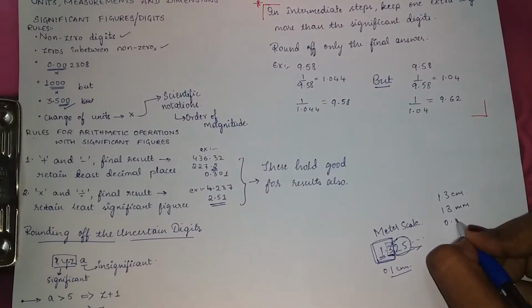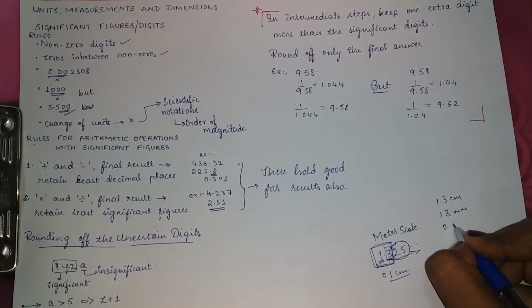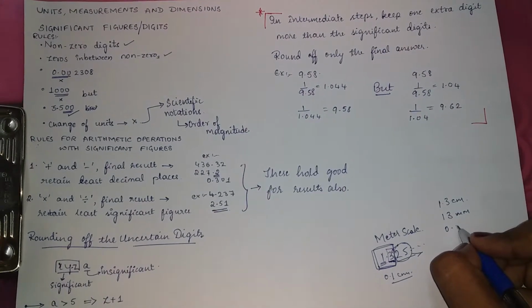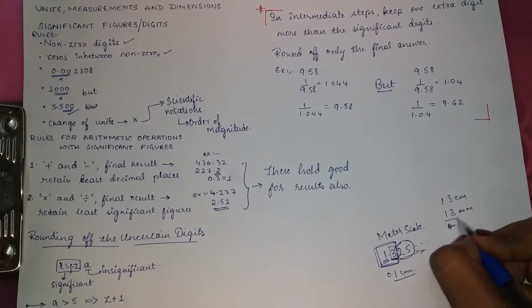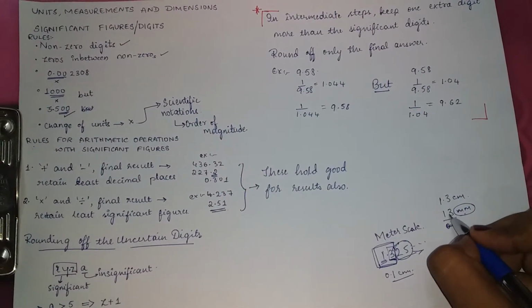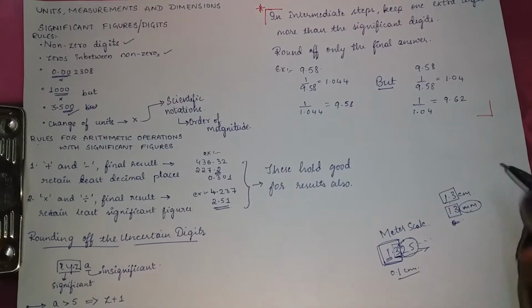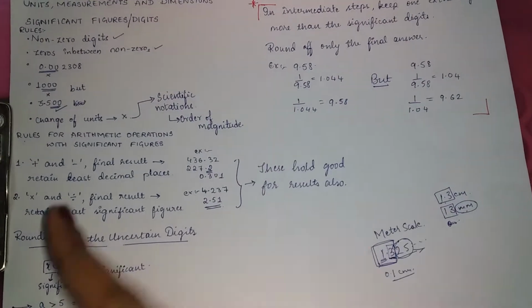So here you're changing the unit, but there is no change in the significant figures. How will you tell this? For this you need the rules.